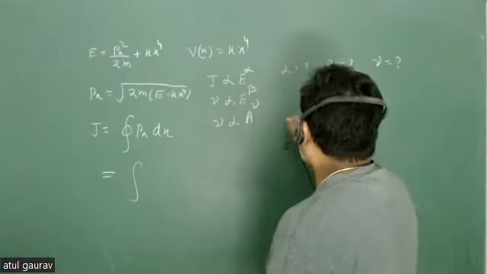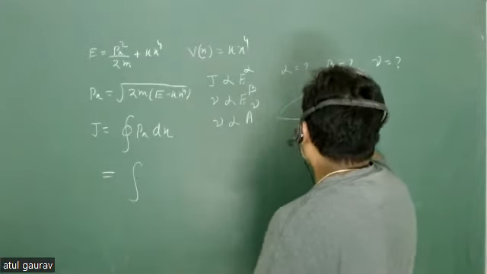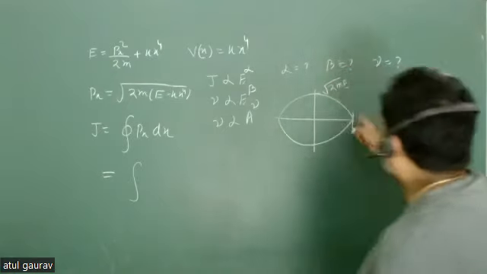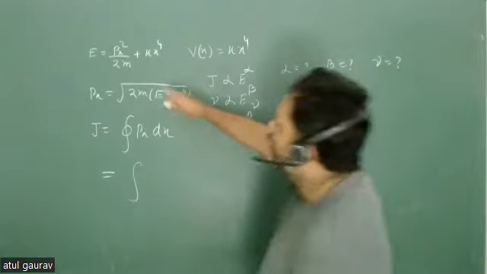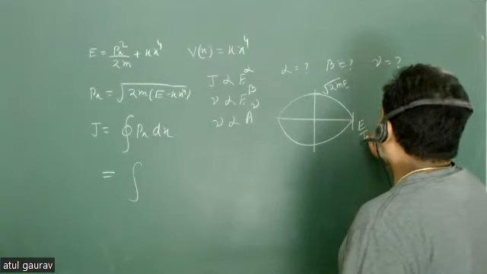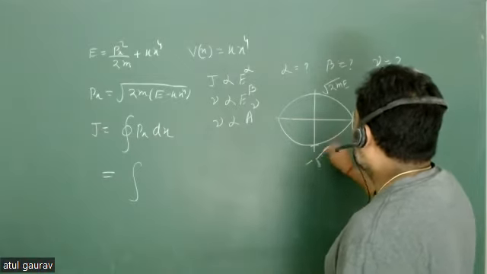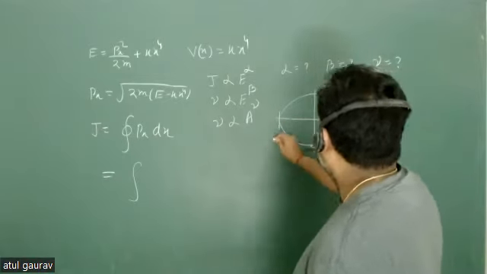When we are plotting my phase curve, it is also something like this. It will be like this only. And this value is what? Root under 2mE. What is the value here, tell me. When your momentum is 0, (E by k) raised to 1 by 4. Very good. And what is this value? Minus root under 2mE. What is this value? Minus (E upon k) to the power 1 by 4, isn't it?